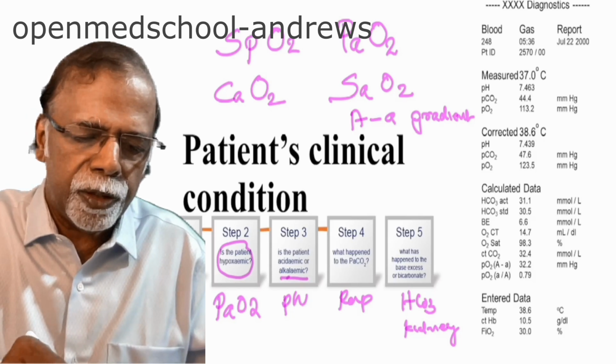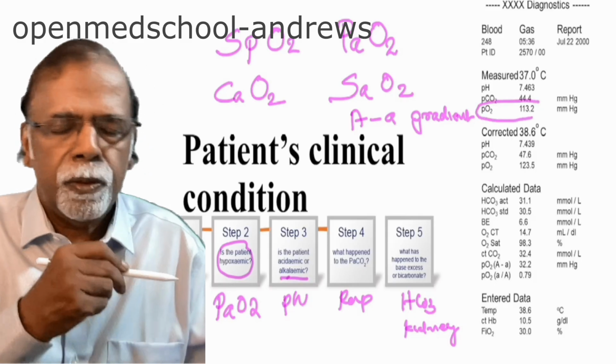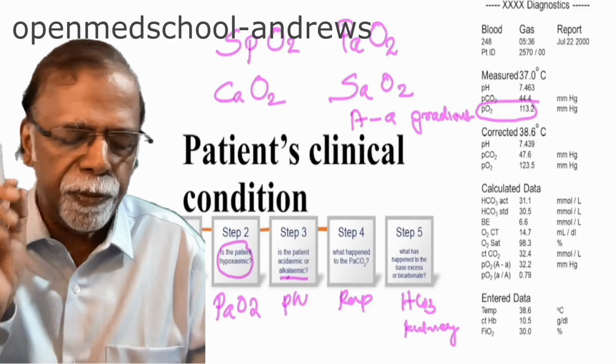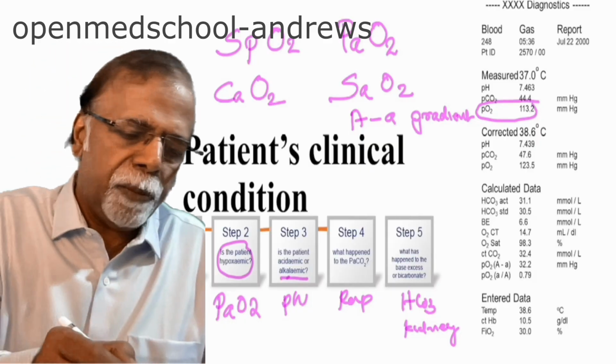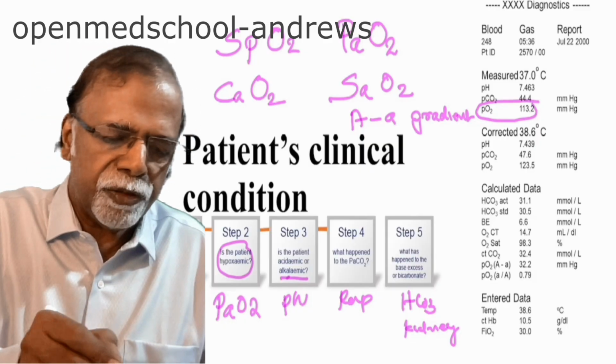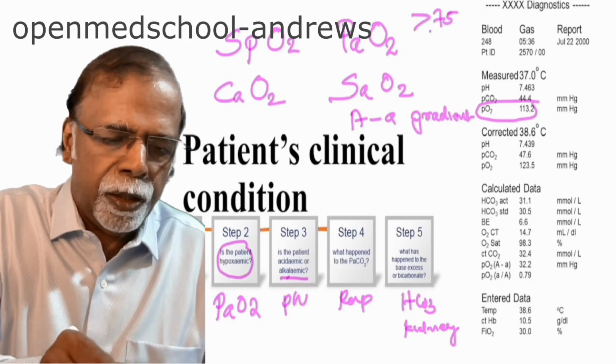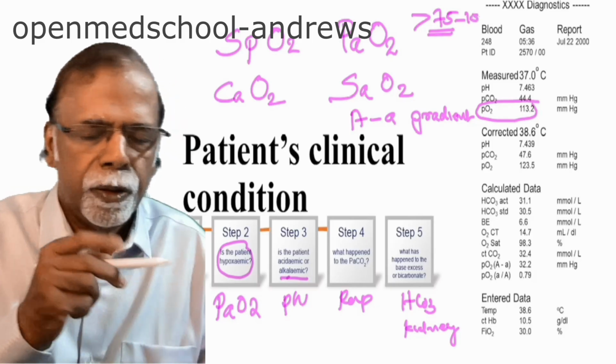So here the PaO₂ is 113. So what is a normal PaO₂? The normal PaO₂ should be more than 75, 75 to 100 in room air.